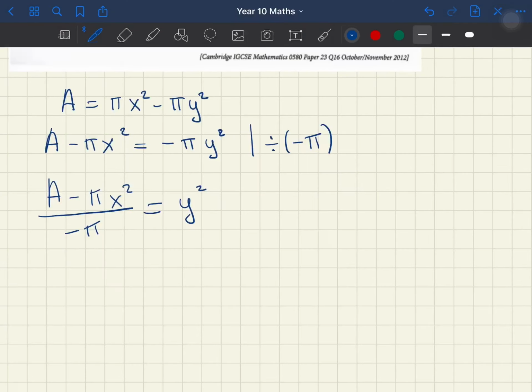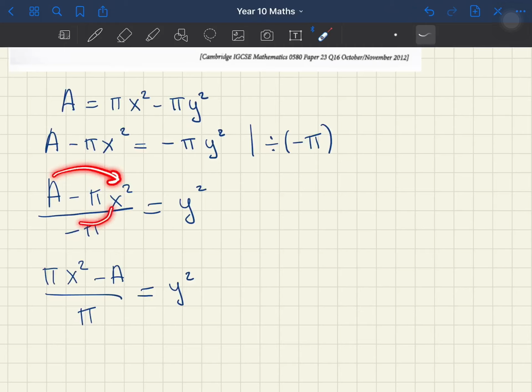Okay, what we can do now is transform this into pi x squared minus a over pi, because I don't want to have this minus on the bottom, it doesn't look good, equals y squared. So if you change those two, you can cut this minus out. And that's how it works.